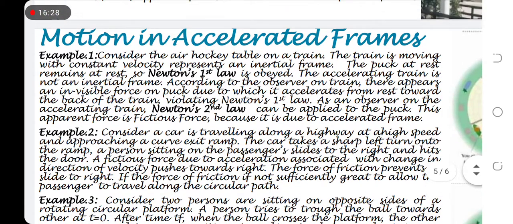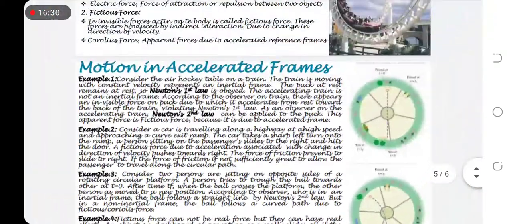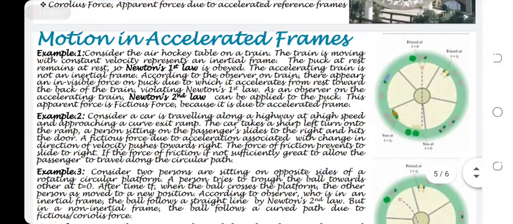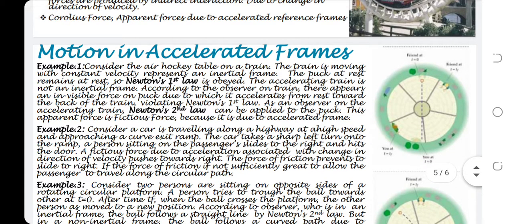Now, in another article, motion in accelerated frames. First of all, we know the frame and then its types.